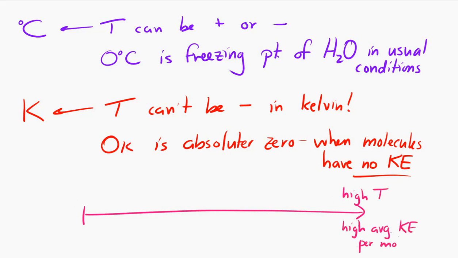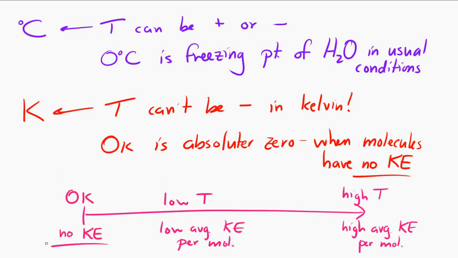And if you lower and lower the temperature, so if you decrease the kinetic energy lower and lower, eventually you'll get to a point where the molecules do not have any kinetic energy. And at that moment, you're at absolute zero. So there's no negative temperature in Kelvin possible, because the kinetic energy can never be less than 0.